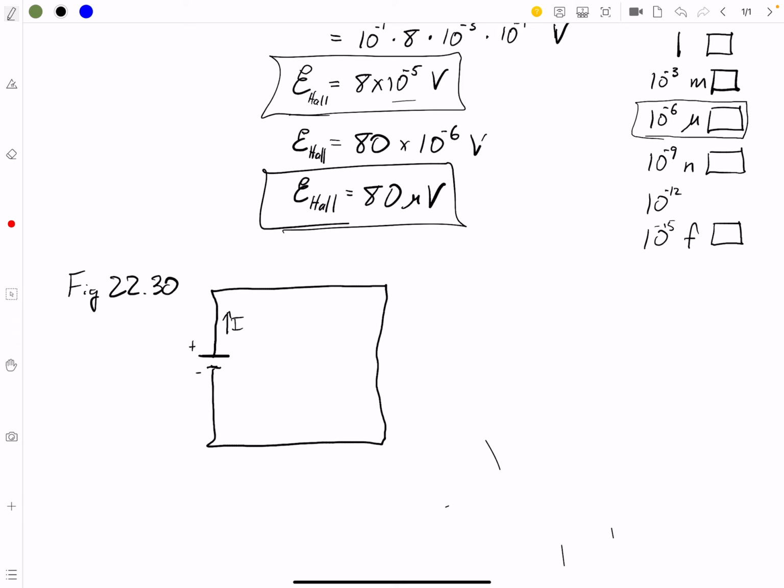Let's say that we put an overall B field on this thing. All right, let's draw our B field in blue. But we only do it over a certain little range. But we do it on both sides.